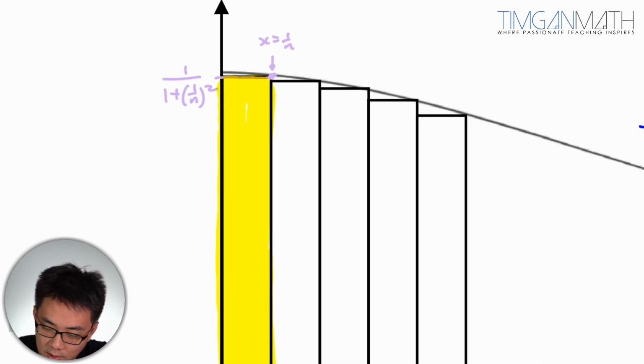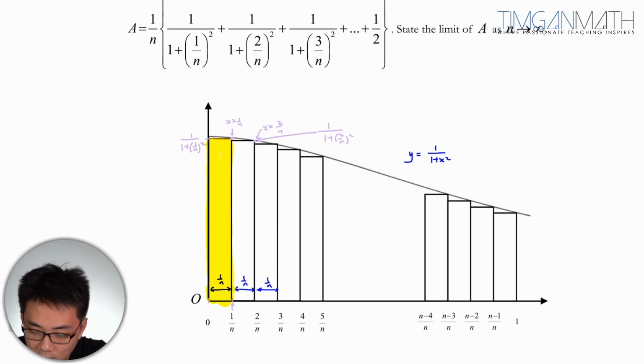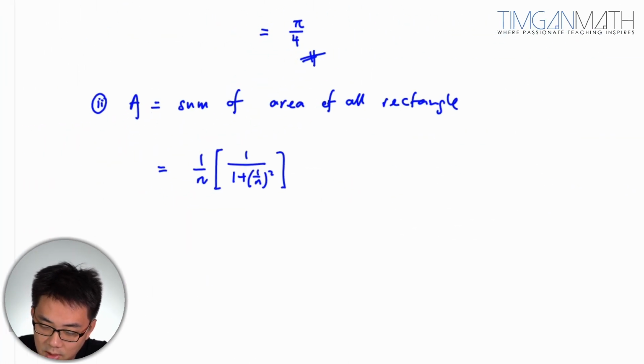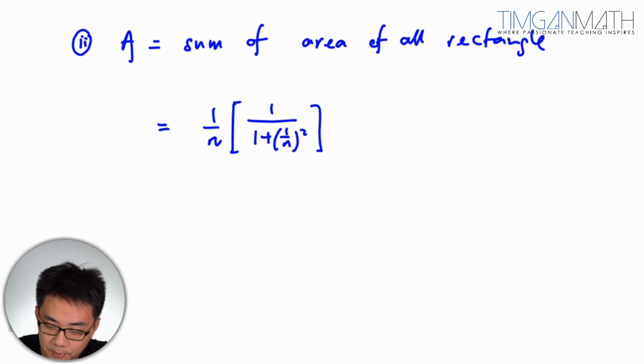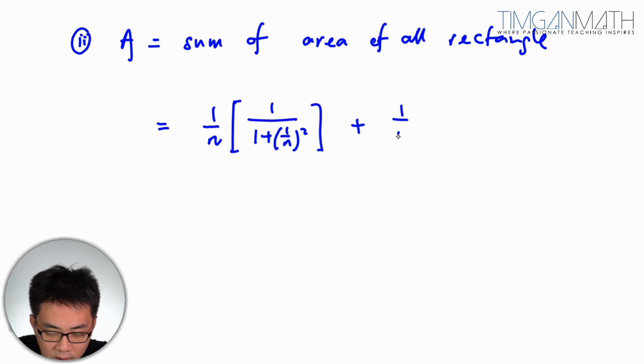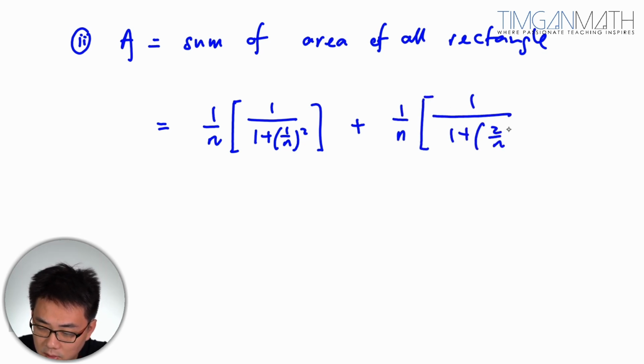Then you're going to register the second one. Here x equals 2 over n, so the height will register as 1 over 1 plus 2 over n squared. Plus, the width is the same, so it's 1 over n times 1 over 1 plus 2 over n squared, like that.